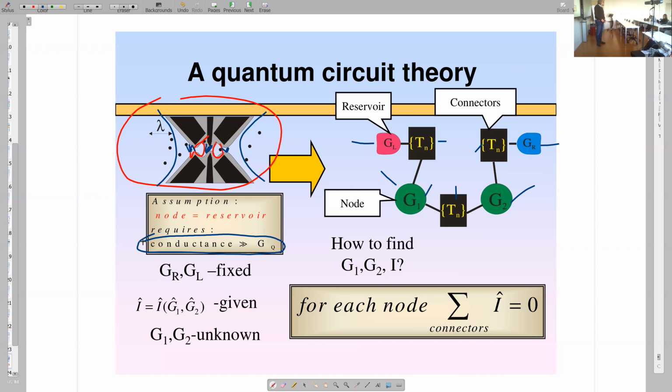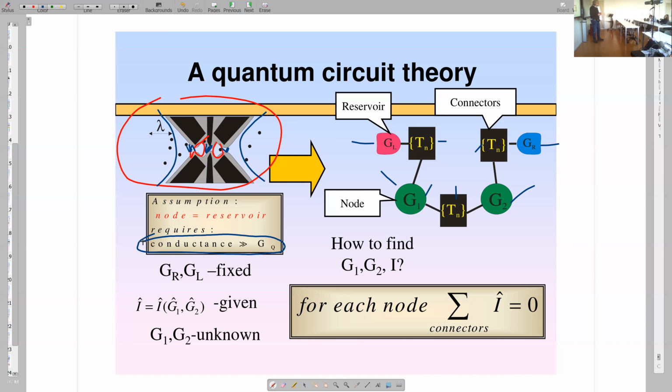So we can go very practically. For each connector, we have a current, which is expressed through matrix voltages at its ends. For each node, we can sum up these currents, and owing to conservation, the sum of all these currents is zero.